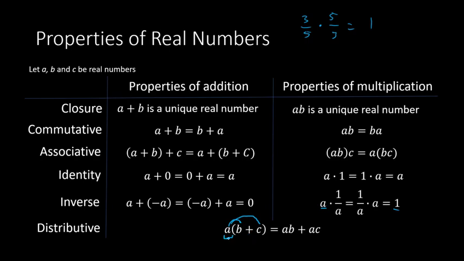So you take a, whatever this number is out here, you multiply it by the first term to get a times b, and then you multiply it by the second term to get a times c, and then keep the sign the same in the middle. And this could be extended for any number of terms in the parentheses. We can distribute over and over with 2, 3, 4 terms, etc.